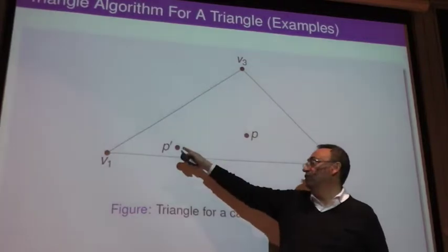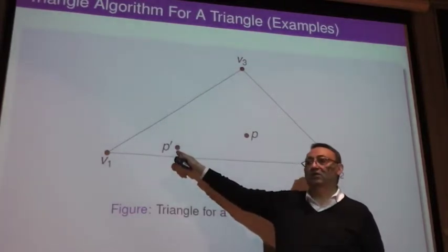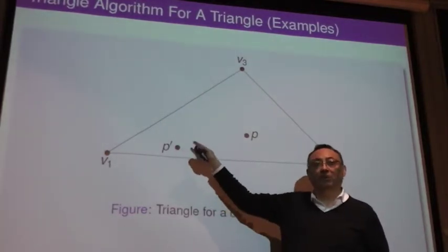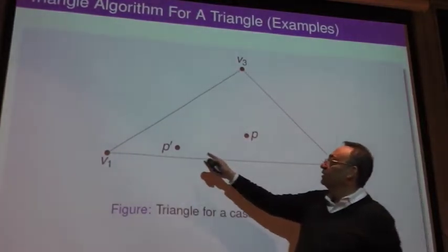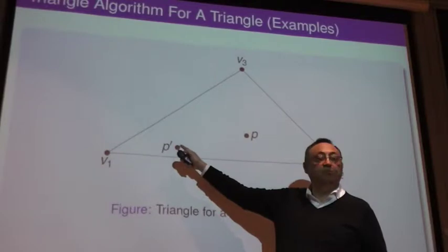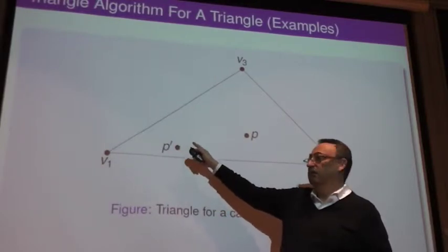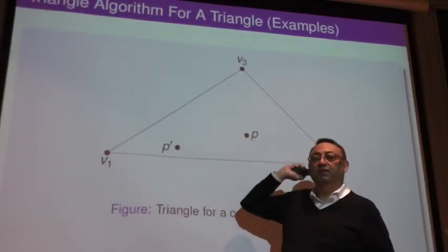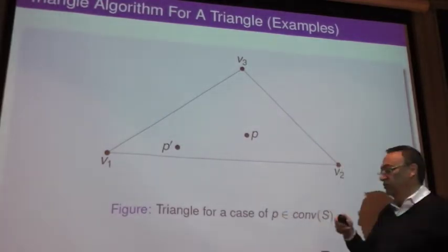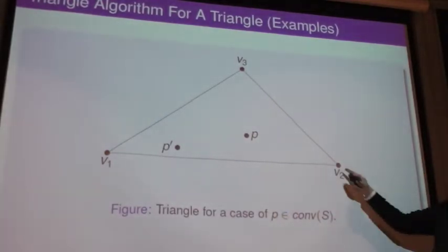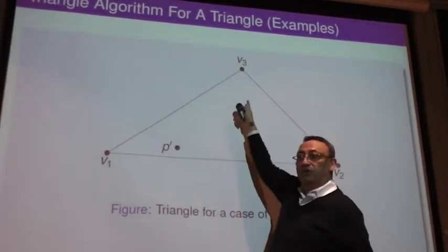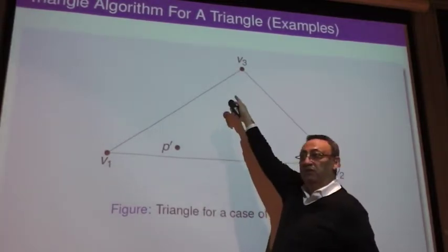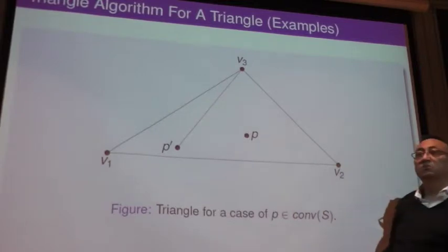Simply pick a point whose coordinates add up to 1: alpha 1 v1 plus alpha 2 v2 and so on. And this p prime, like we hire this person, p prime. He's an inside man. He's really Spider-Man. Why? Because he's going to look at these three vertices and see if he finds one that is farther away from him than p is. So in this case, he finds p prime.